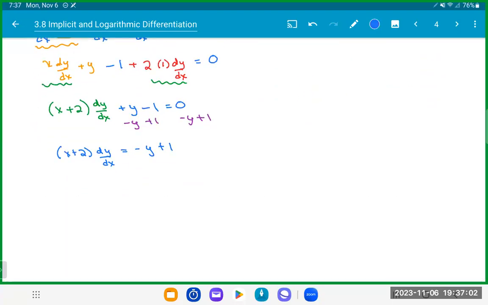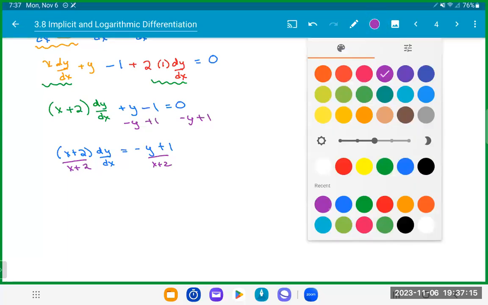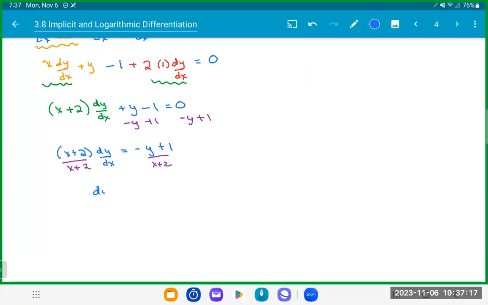Now we want to isolate the dy/dx, right? So we will divide both sides by this x plus 2. And that gives me that dy/dx is equal to negative y plus 1 over x plus 2.